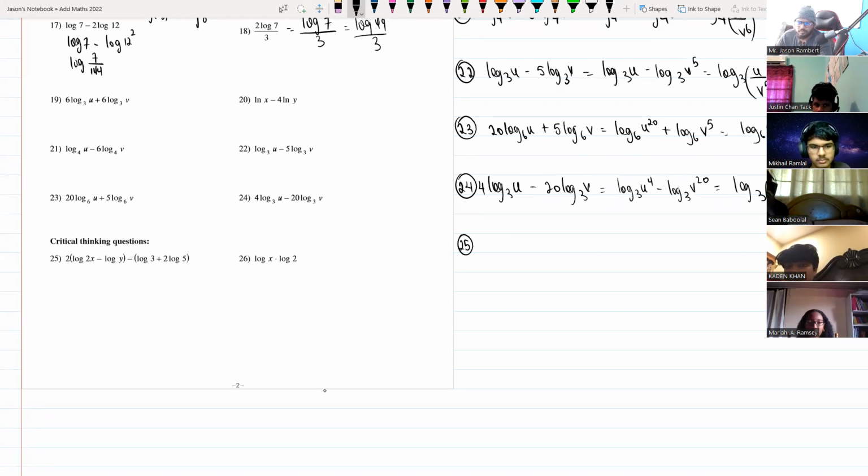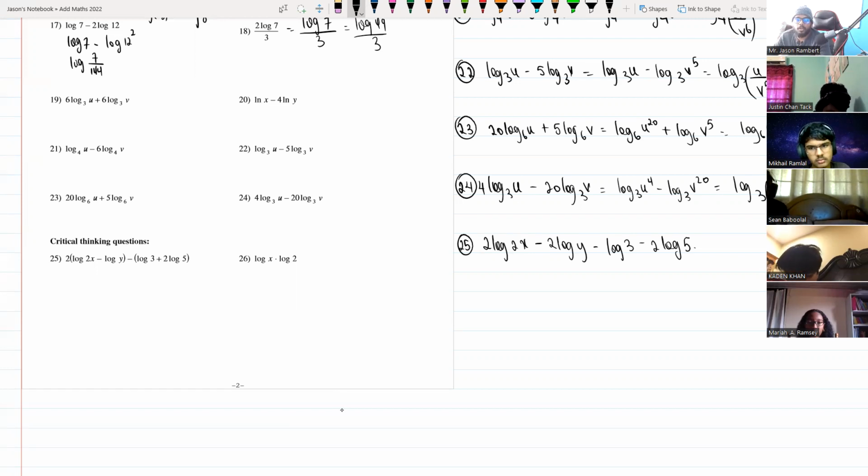But number 25, simple algebra. Expand the brackets and simplify. Number 25 will be 2 log of 2x, take away 2 log of y, take away log of 3, minus 2 log of 5.